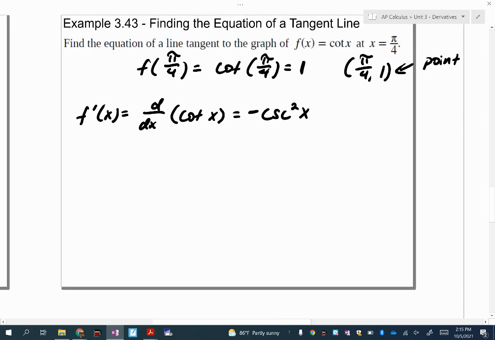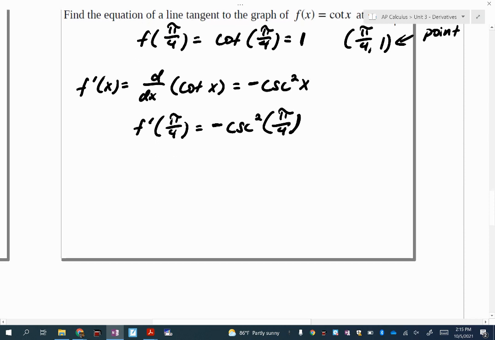Now I need to plug in pi over 4. So I'm doing f prime of pi over 4, which is the opposite of cosecant squared of pi over 4. Now, if you want to plug this in as decimals, that's fine. I'm not going to, but you absolutely could just type this in. It will spit out the value.